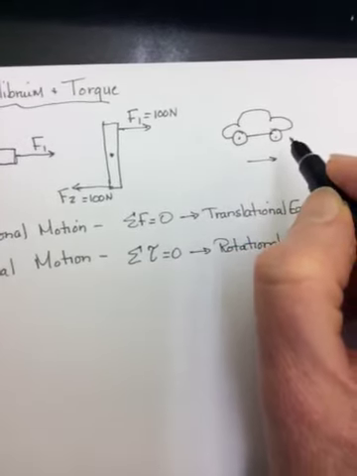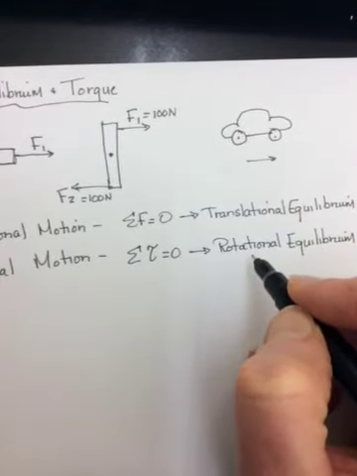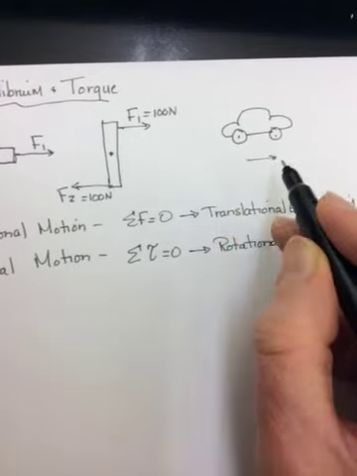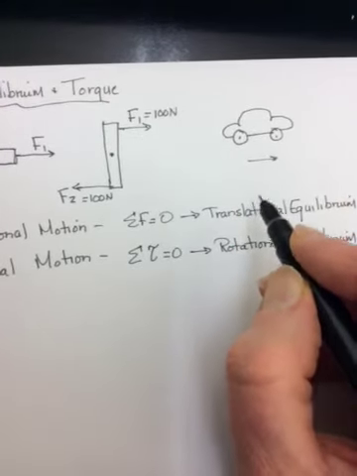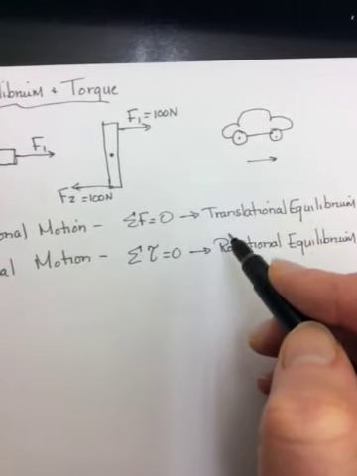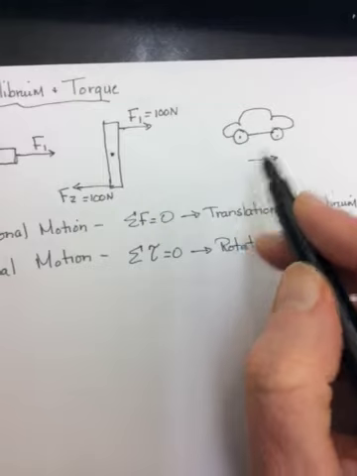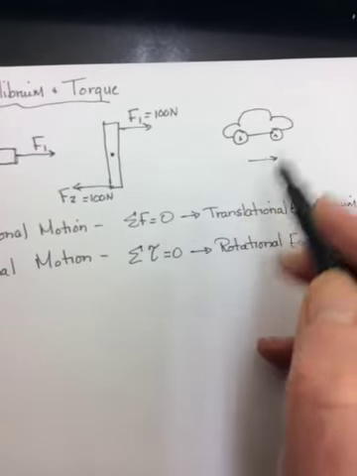If you spin, there's no translational motion, just rotational motion. If you slide, there's no rotational motion, just translational motion. So it is possible to have an object doing both of them, and that could be a good thing, and doing either one or the other could be a bad thing for the example of the car.